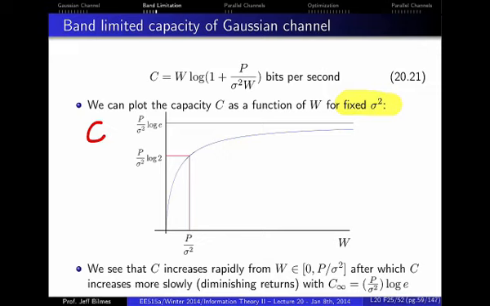The one thing to note is that if you increase the bandwidth unboundedly, then it saturates. You have the saturation point here, the saturation value. So even if you have infinite bandwidth, this is the final capacity: P over sigma squared.